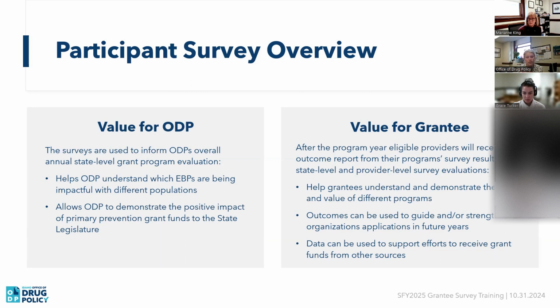So both the state and provider level reports that we produce from these surveys can really be beneficial to both our office and to our grantees to help us understand what different programs around the state really make the most difference and which programs we should be looking at implementing with different populations, different age groups and whatnot. So there's a very strong value for our office, and we hope that you find value in them as well.